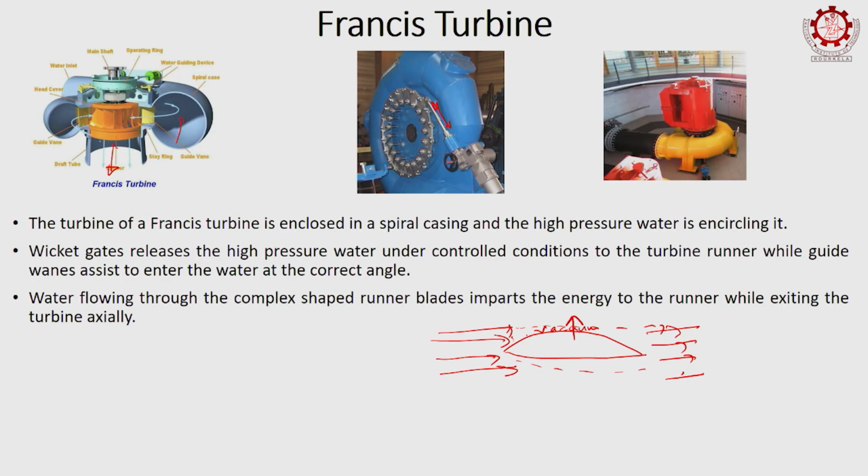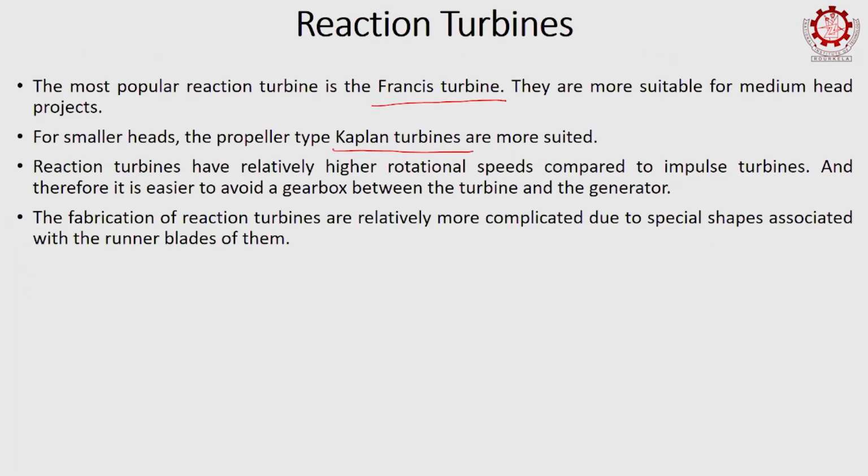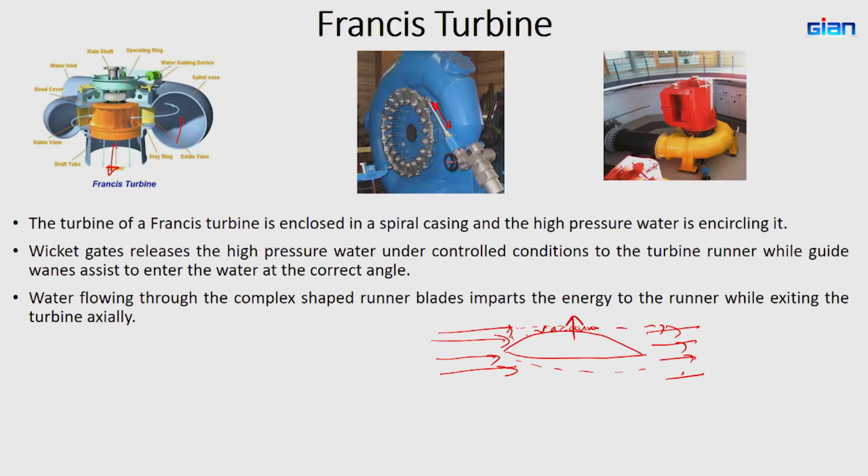Therefore, you can always advise, if some people are going for Francis turbines, consider having two different sizes. People prefer to put the same size. If you want to put this 1000 kilowatt, they might say then 500 into 2, and go for similar capacity. That is the normal pattern.